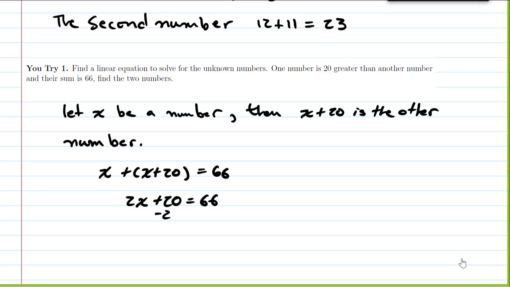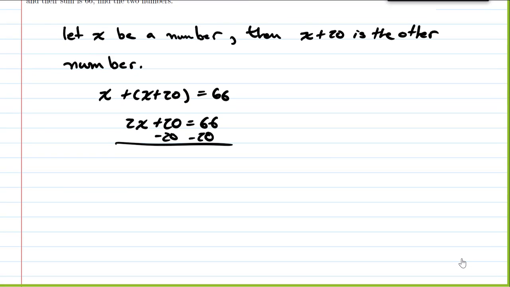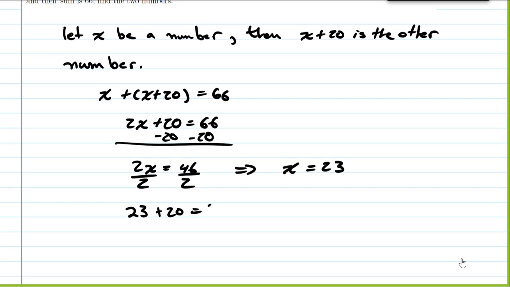We minus 20, we minus 20, and that gives us 2x equals 46. Divide by 2, and we end up with x is the same as 23. So then the other number is going to be 23 plus 20. So 23 plus 20 gives us 43. And those are the two numbers.